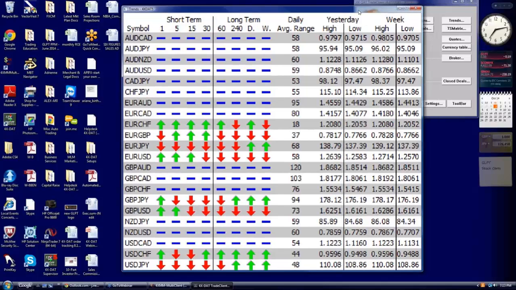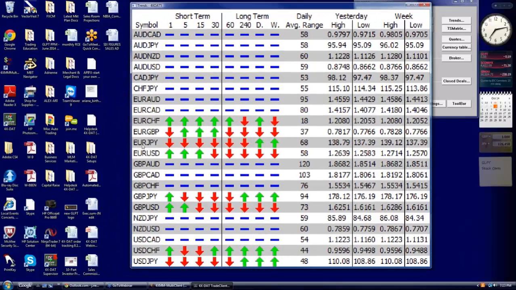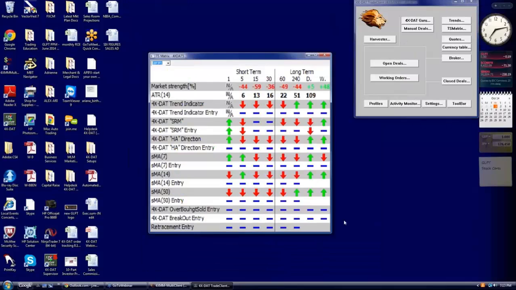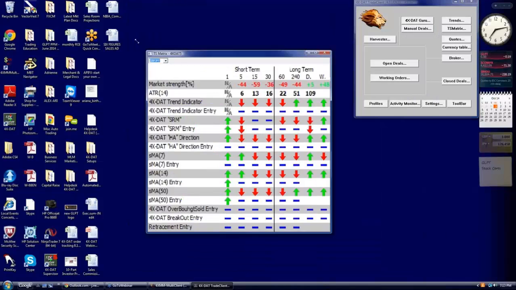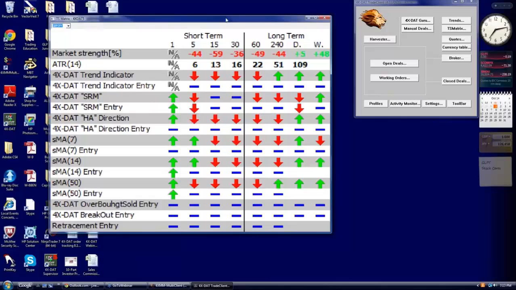If we wanted to dive or drill deeper into euro yen or any of these pairs, we do that through TS Matrix. And similarly to the trends window, the TS Matrix window, I'll expand it a little bit here, also shows arrows.